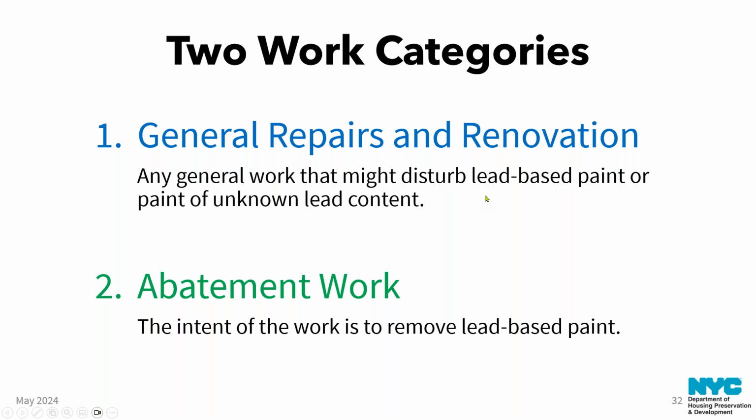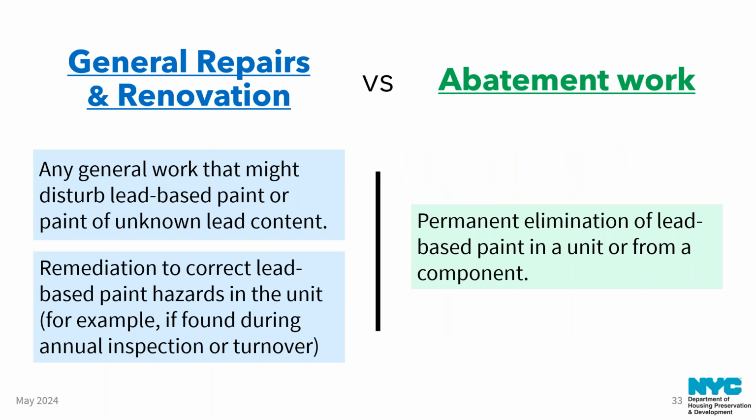That's a narrower category. To go into a little more detail, to classify the work as abatement means that the intent of the work is to permanently eliminate lead-based paint in a building, a unit, or from a component, to get rid of the lead-based paint.